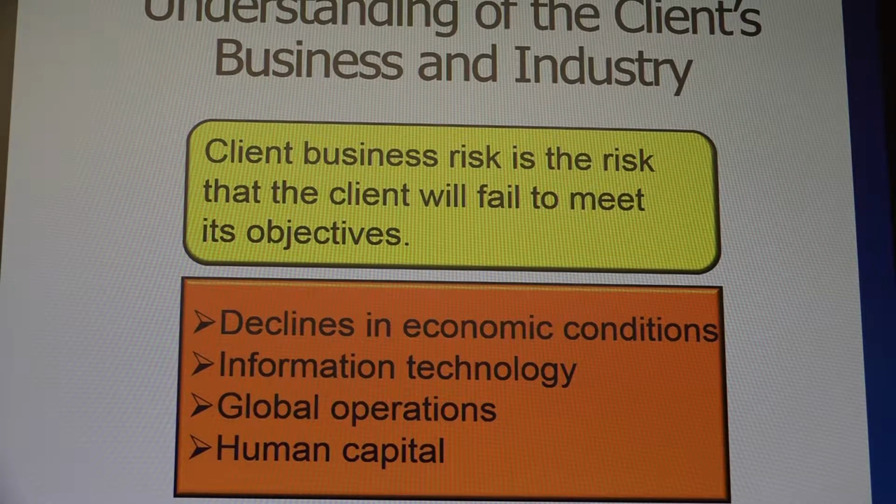And so, in recent years, there have been several factors that have increased the importance of understanding the client's business and industry. If you look at the Enron example at the front of Chapter 8, it kind of gives you a flavor of, well, nobody seemed to know exactly what Enron did.